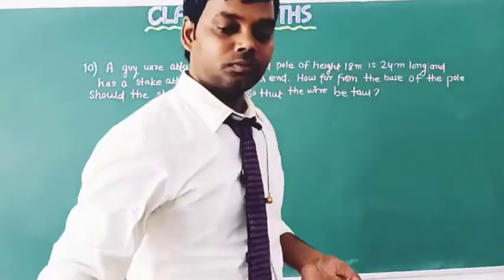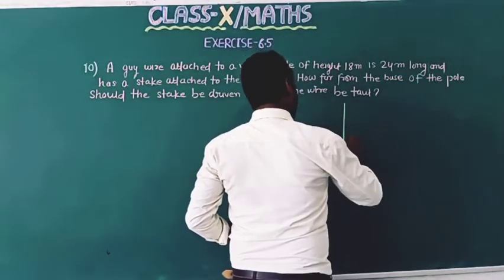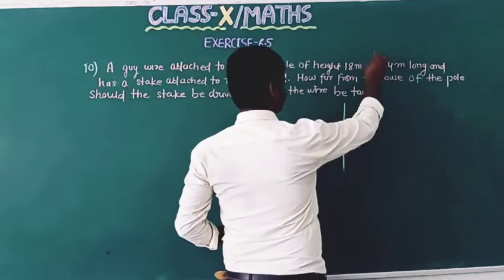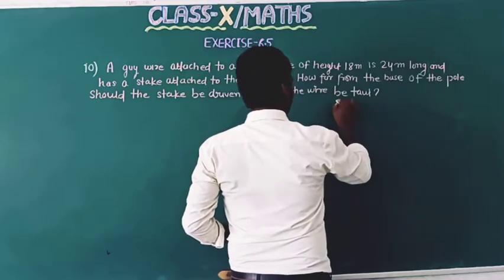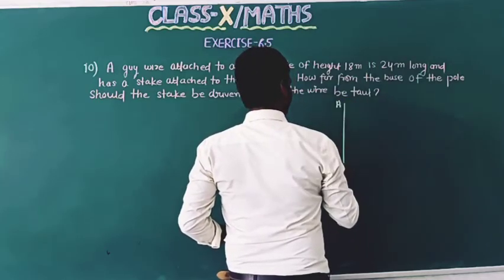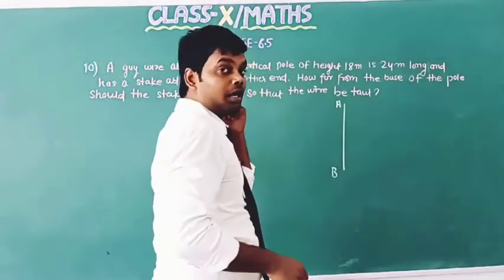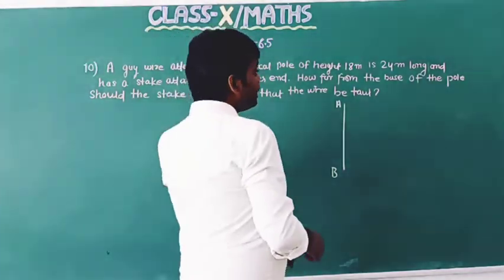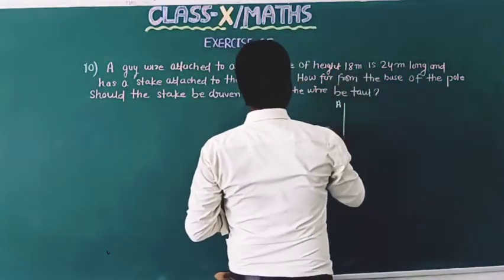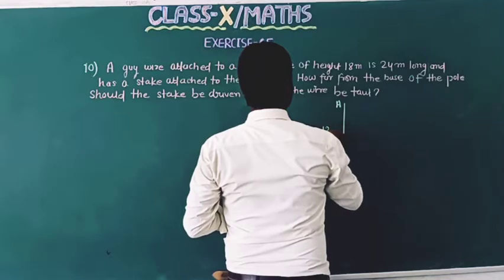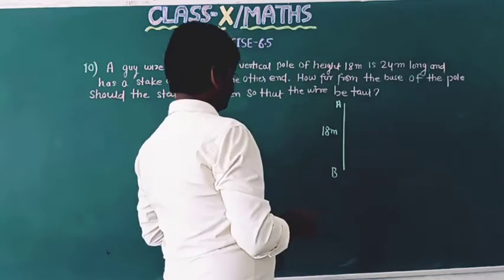Suppose this is AB, this is a pole. This pole is 18 meter.